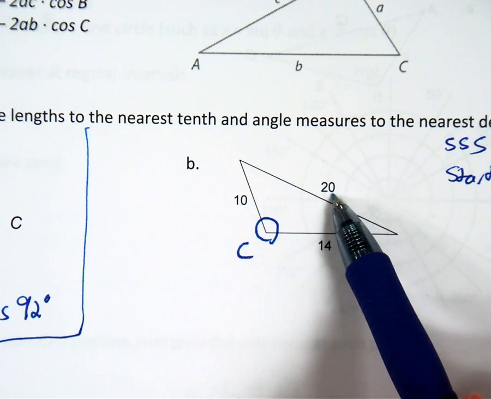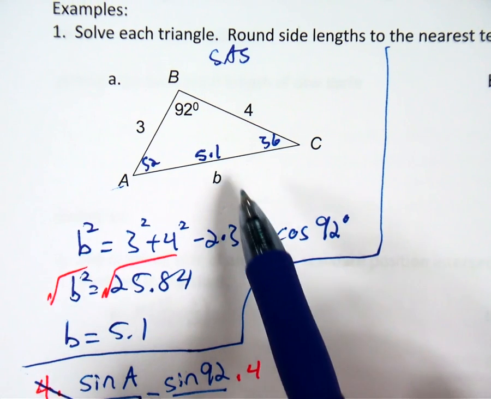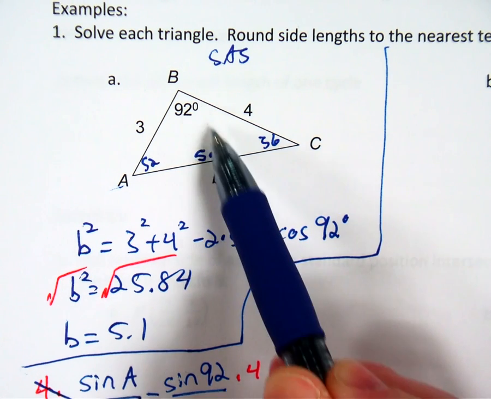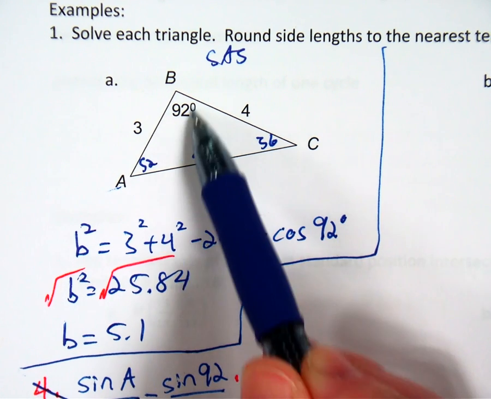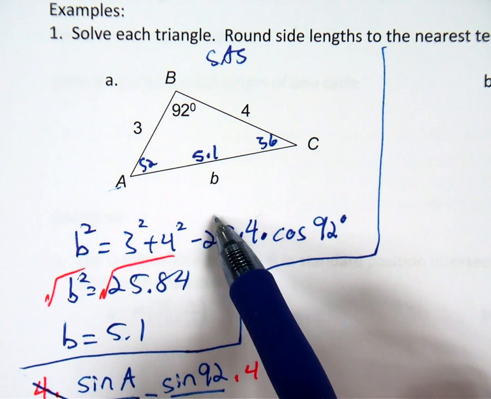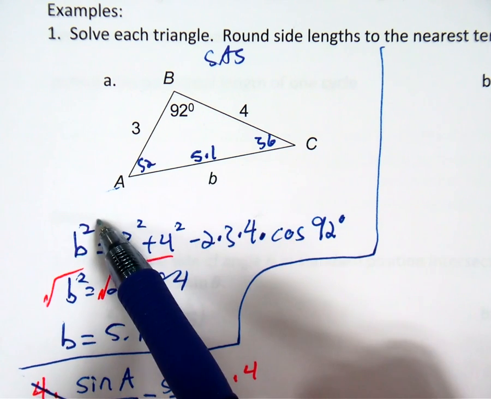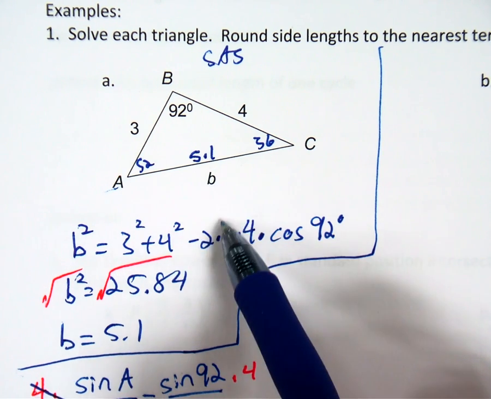Okay, so if this is the biggest angle, this is the side that's by itself. Look back to our other one. We wanted to know this side, this angle was the one that was over here. And that's the angle that's across from it. So whatever angle you're using, the side across from it is the one that's by itself. Whatever side you're solving for, the angle that's across from it is the angle that you use.